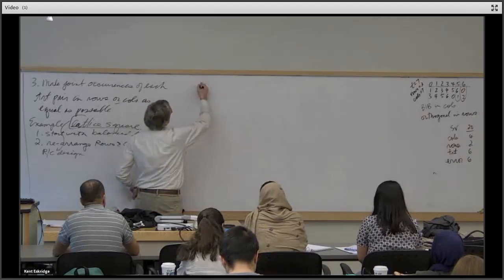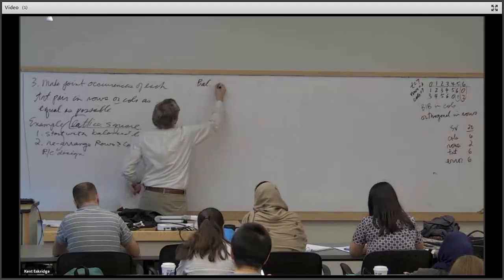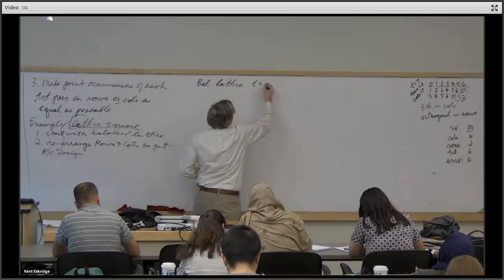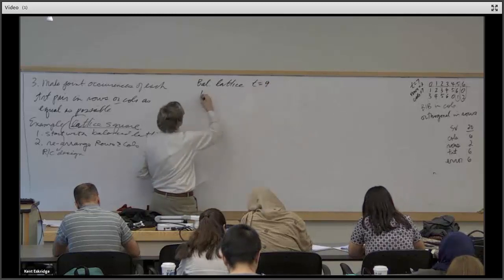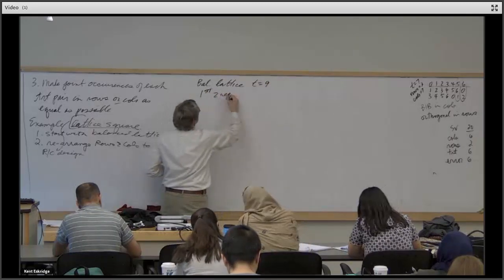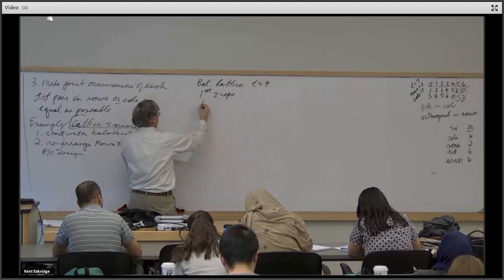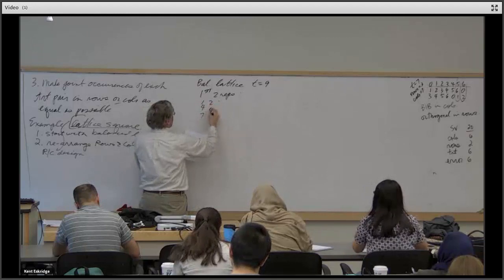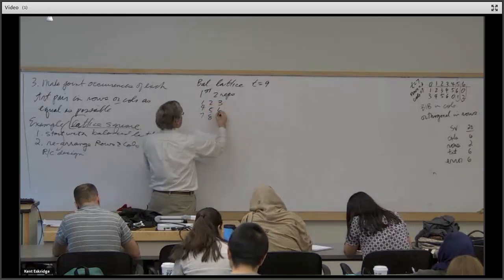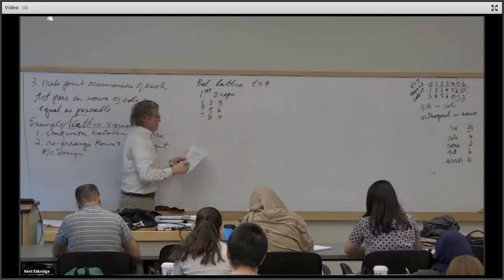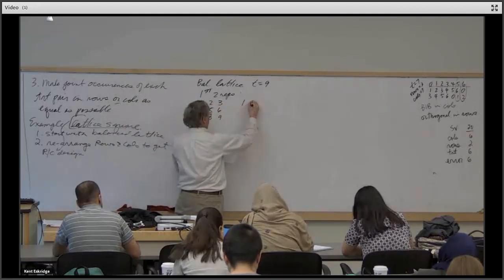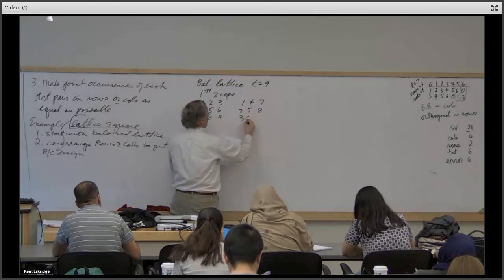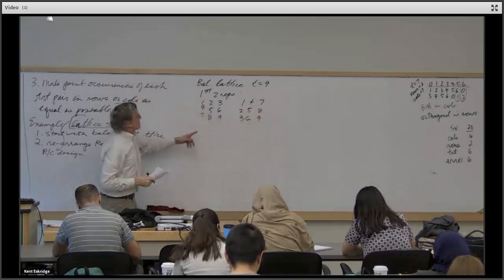So for the balanced lattice, T is equal to 9. The first 2 reps look like this. 1, 4, 7, 2, 5, 8, 3, 6, 9. That's the first rep. And the second rep is 1, 4, 7, 2, 5, 8, 3, 6, 9. That's rep 1 and rep 2.